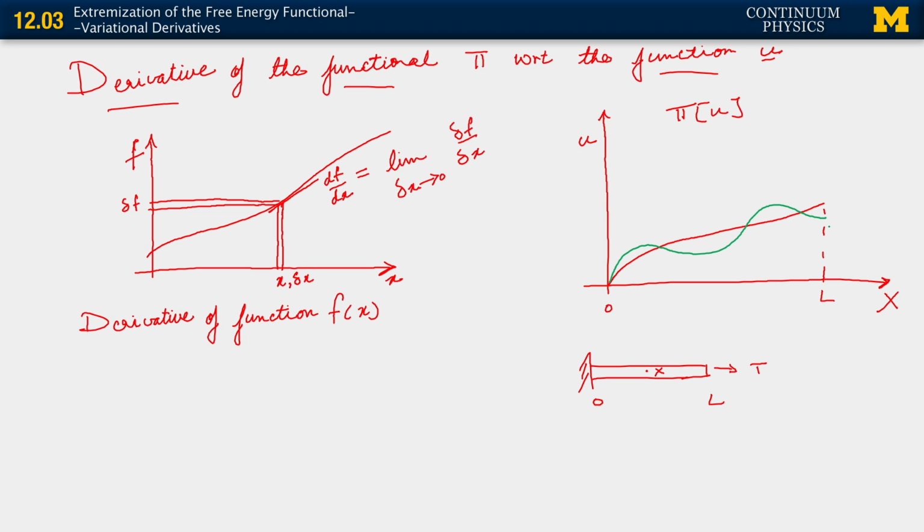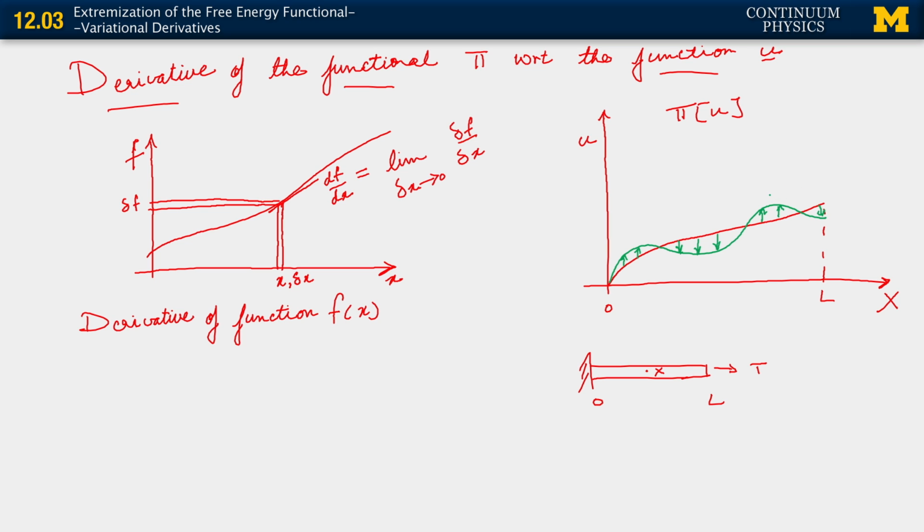Okay? All right? And everywhere I could define this difference between the original displacement and the sort of perturbed displacement, right? Or the varied displacement, right? I've applied a variation to the displacement here. Okay?